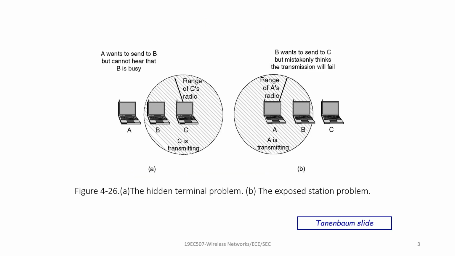First, let us briefly address the hidden terminal problem. This is the block diagram. It illustrates a scenario where we have three nodes A, B, C in a wireless local area network, and all three need to communicate with each other.